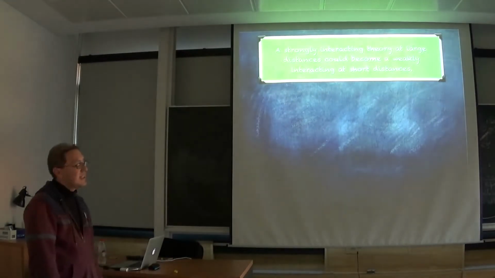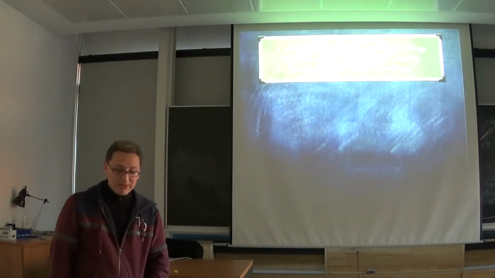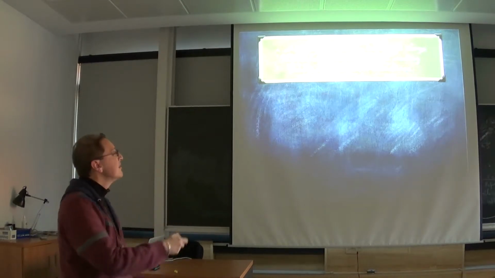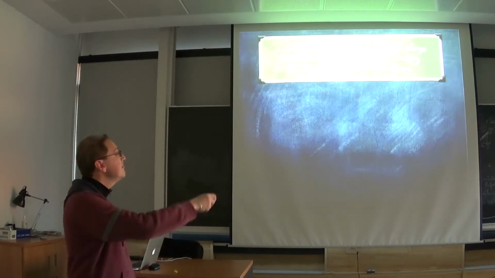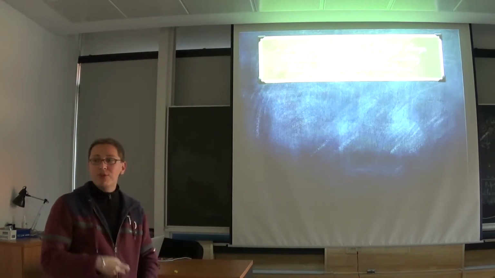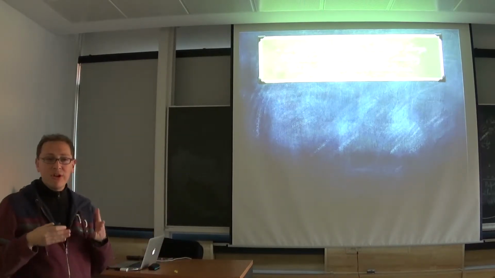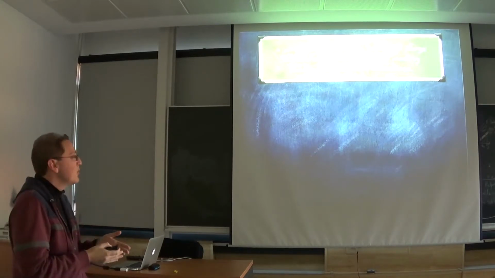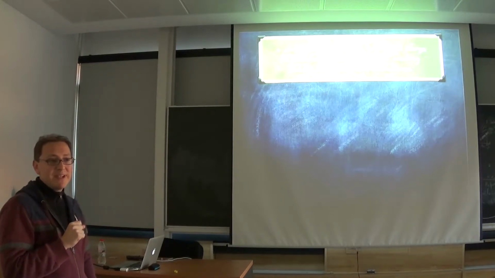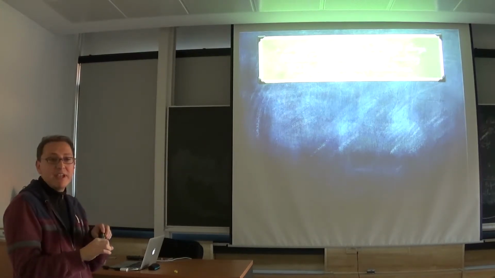So what is the idea that you should keep in mind? A strongly interacting theory, like in the confinement regime, could become weakly interacting when you go to higher energies or very small distances. When I say small distances, I mean that if you have a microscope and you want to look at this, then you go to really very small distances.